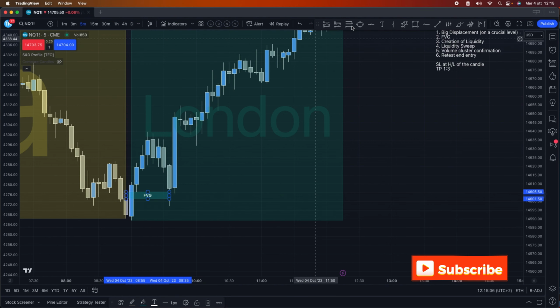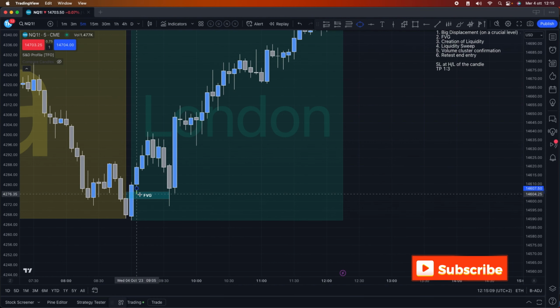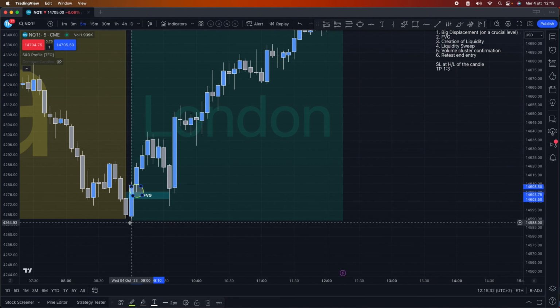If you use only candlesticks, you have to see the fair value gap created after basically a wick. That means this is another buying pressure that confirms the momentum here. This is crucial.